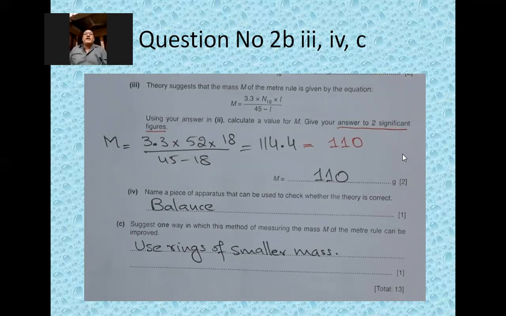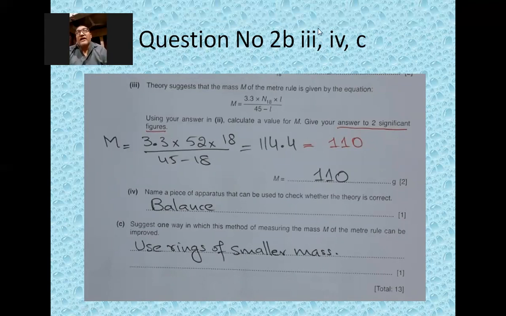So m will be 3.3 multiplied by N18, which is 52, multiplied by L, which is 18 centimeters, and downstairs we will have 45 minus 18. When you enter these values in your calculator, you get 114.4.